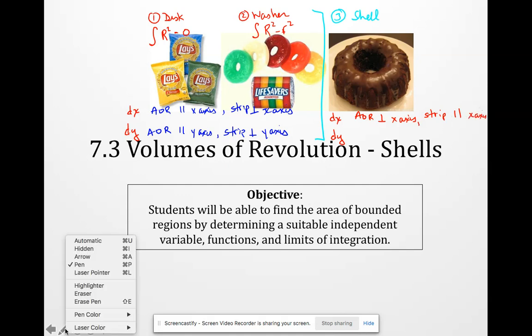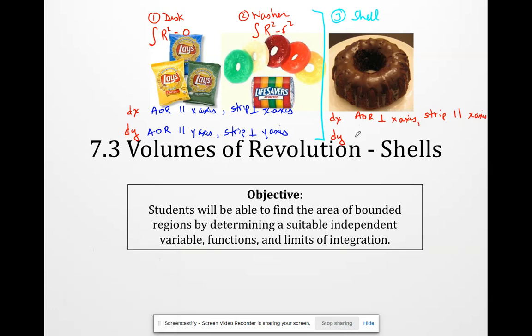Oh, I meant to do that in blue. Your axis of rotation is perpendicular to the y-axis, and your strip is parallel to the y-axis.